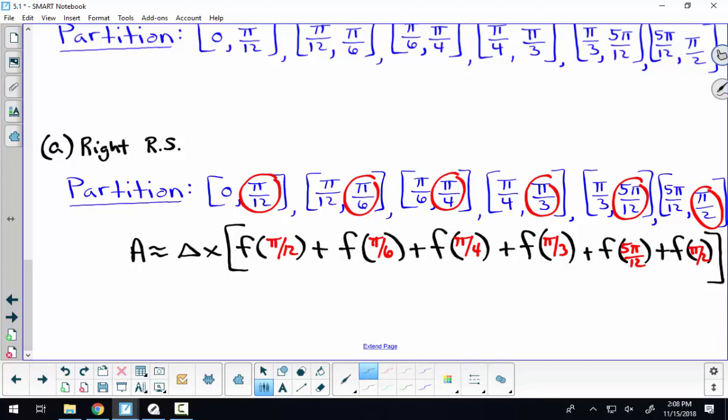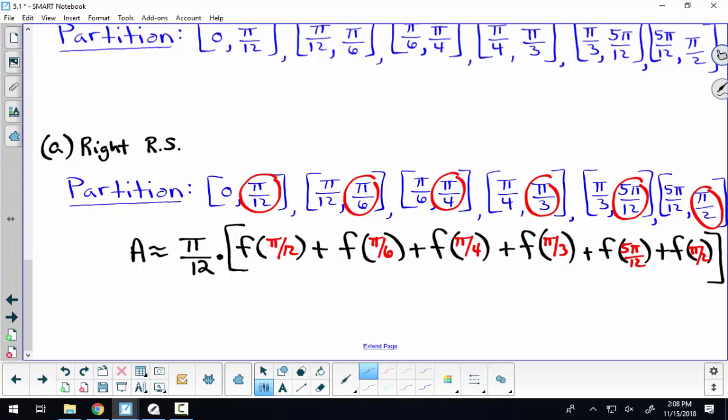All right, delta x we found to be what, pi over 12? So we'll call that our pi over 12. Our function was what? Sine.